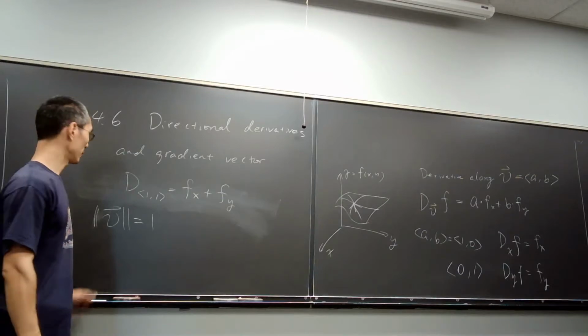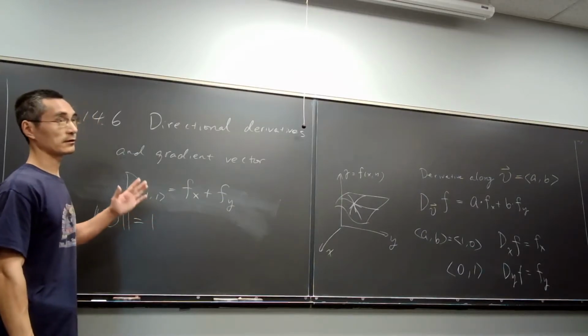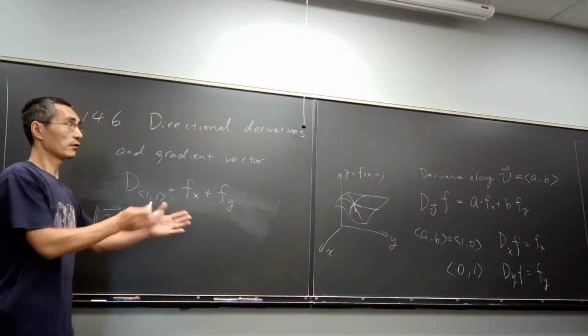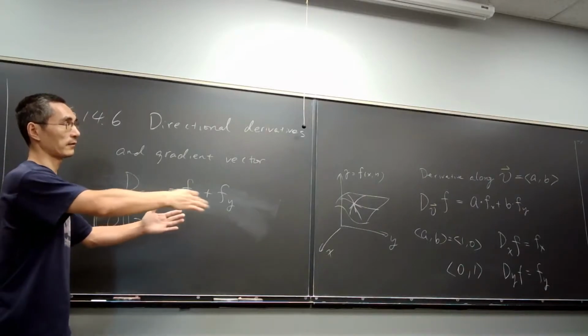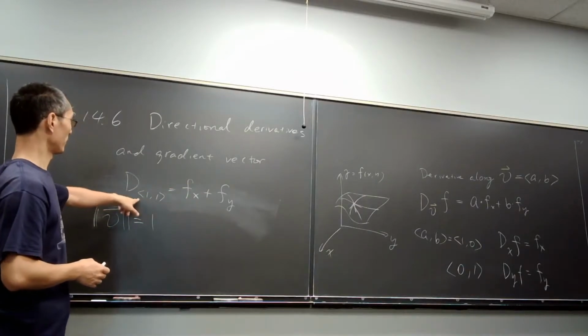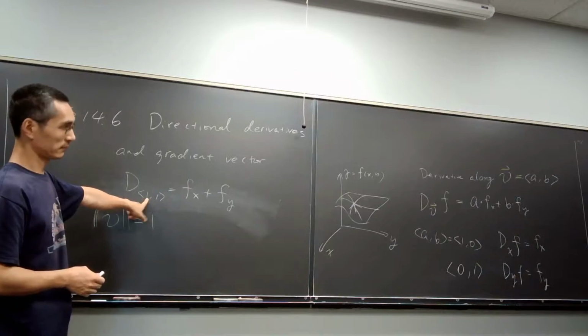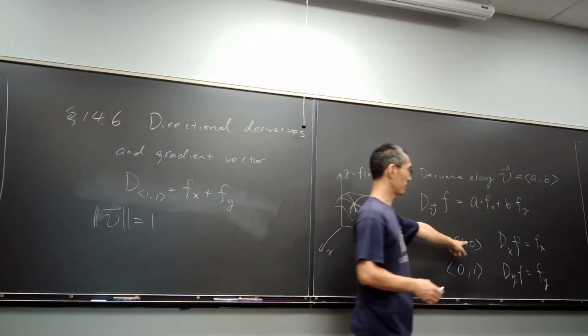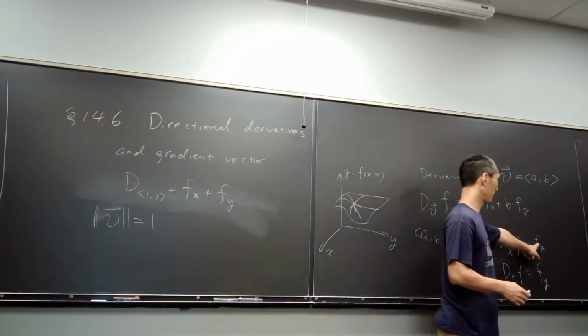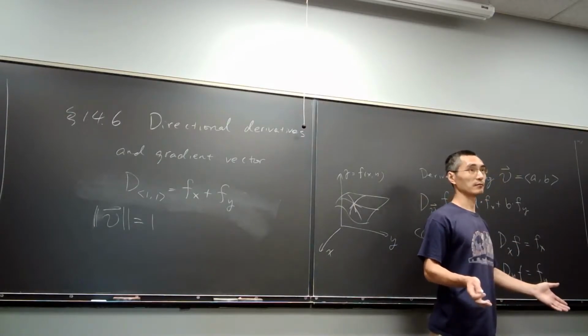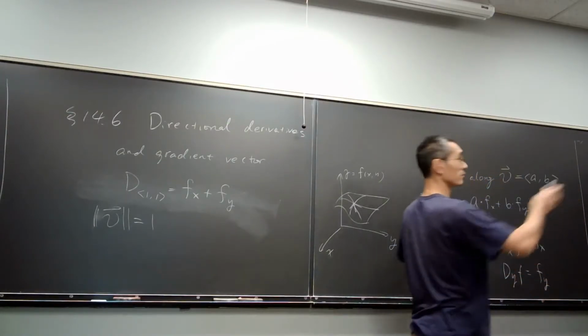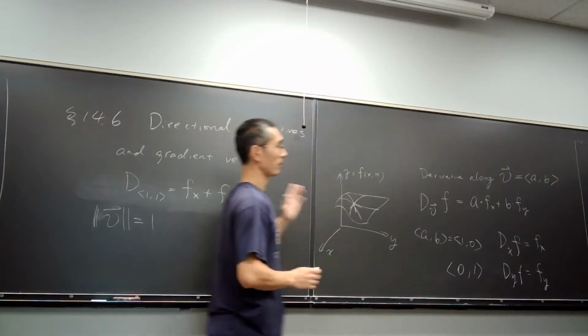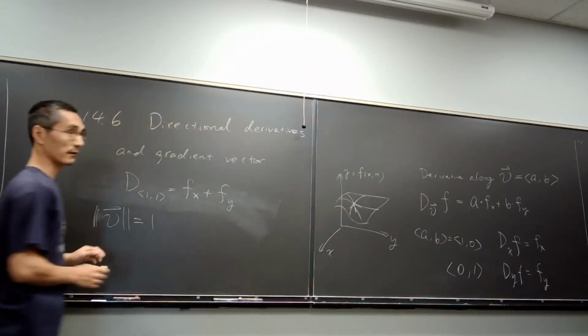If v is not a unit vector, then it's not a directional derivative, because when you talk about direction, you must have a unit vector. Otherwise, for example, if instead of (1, 0) I use (10, 0), then this is 10 times fx. But that's kind of meaningless. What do you mean, you have a huge slope there? No. The slope only makes sense when v is a unit vector.